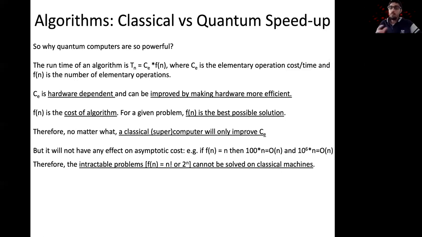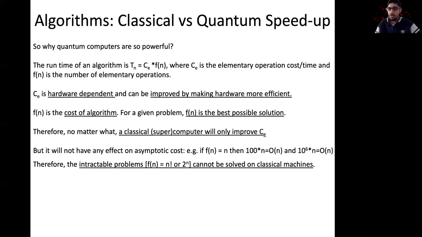Now imagine you have an intractable problem. An intractable problem means a problem which doesn't have an efficient solution, like the algorithm is n factorial or 2 power n type exponential function. And now you cannot solve it on a classical machine because when n becomes very, very large, the cost becomes so much that your classical computer can't handle it.